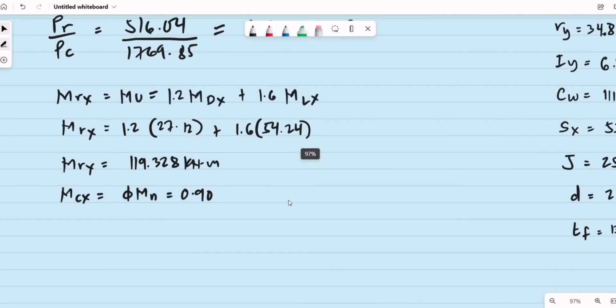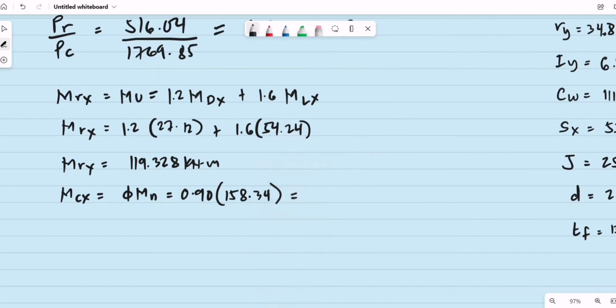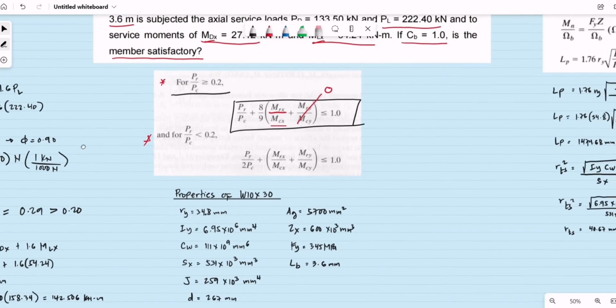So this is 0.9 of 158.34 kilonewton meter, which is 142.506 kilonewton meter.